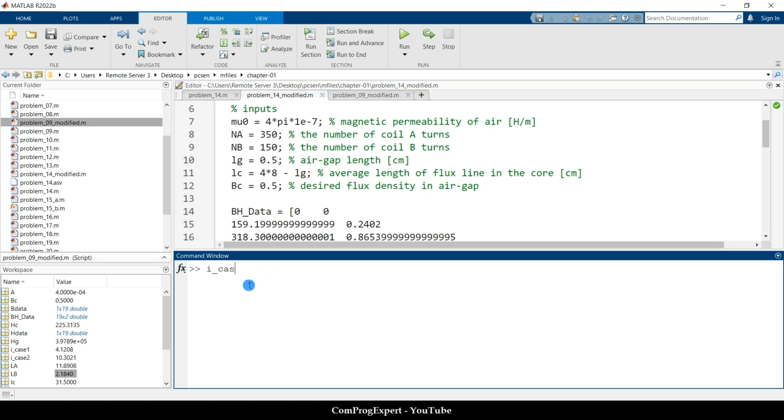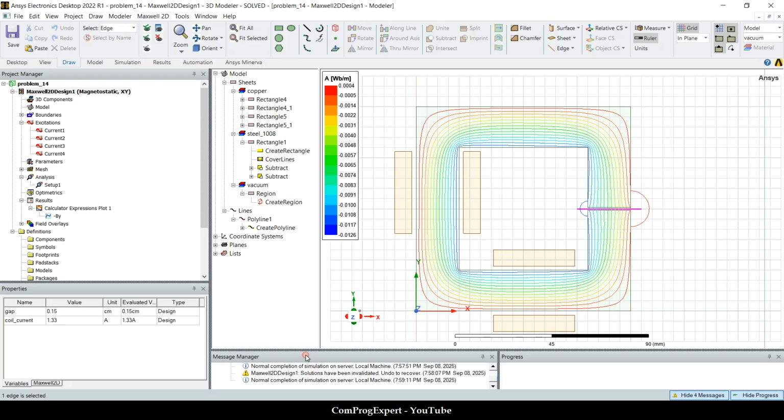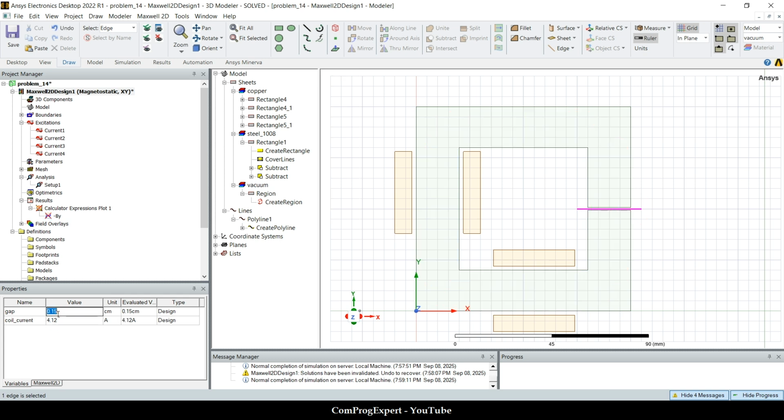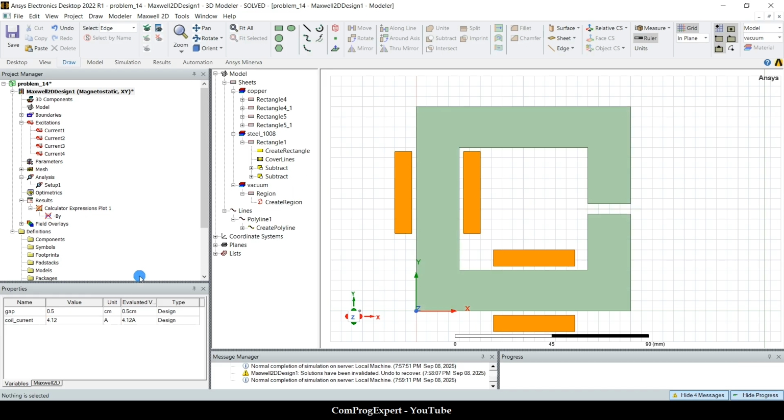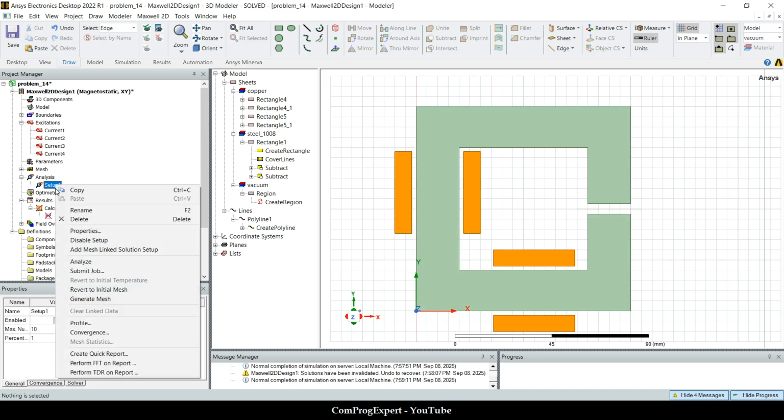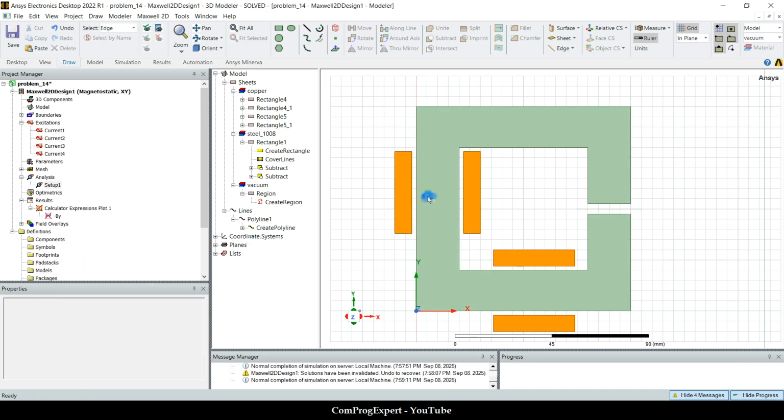In case 1 it is equal to 4.12. So here I write 4.12, 0.5 for the air gap thickness. So let's analyze.